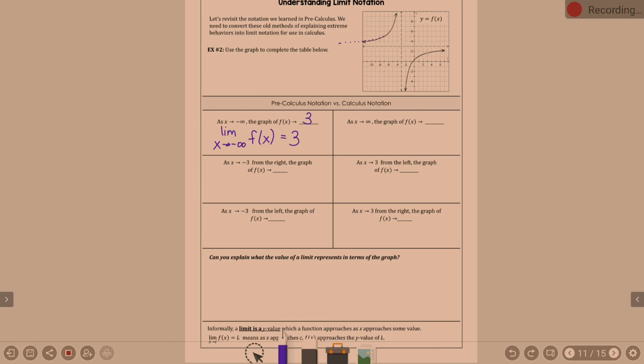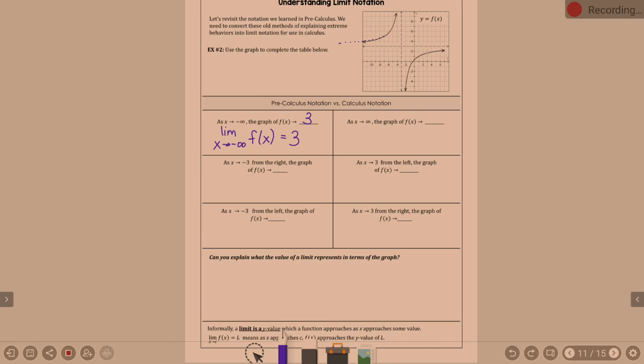Okay, what about over here? As x approaches positive infinity, the graph of f of x approaches what? As x approaches infinity, that's past the hole then, right?